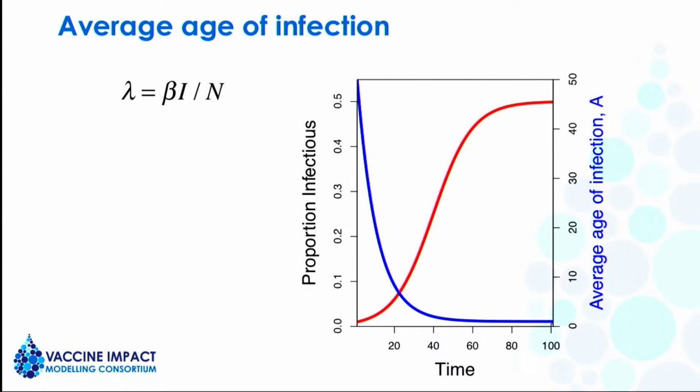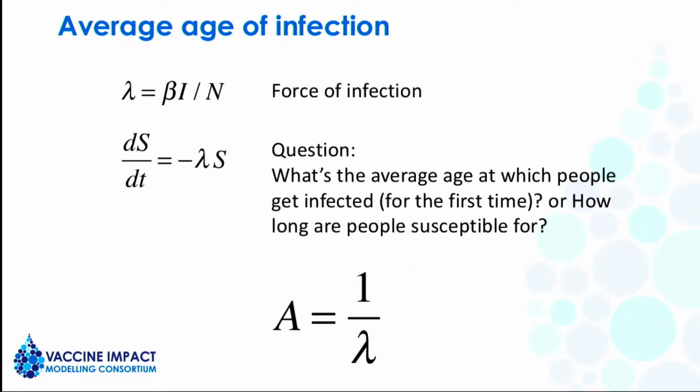When you say average, is that just the previous slide? When you say average age at which people get infected, what are you referring to? Okay, let's say we've got a population, and this is probably easiest to think about in terms of an endemic disease, a disease where we've got a constant number of infected in the population.